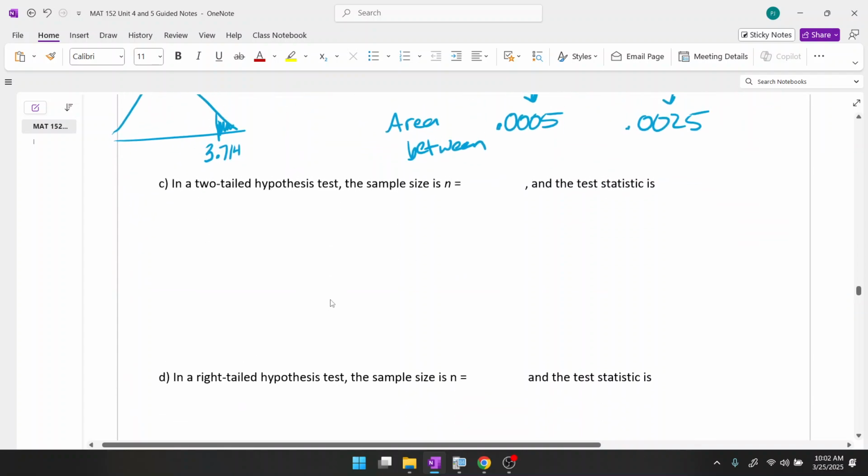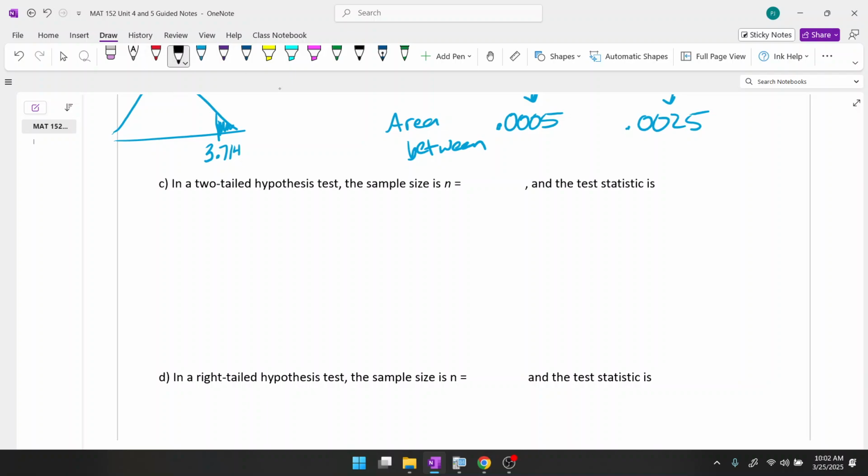So if we're going to do a two-tailed hypothesis test where we'll do it with a sample of 32, I'll give you a negative test statistic of negative 3.109. So here's the thing.